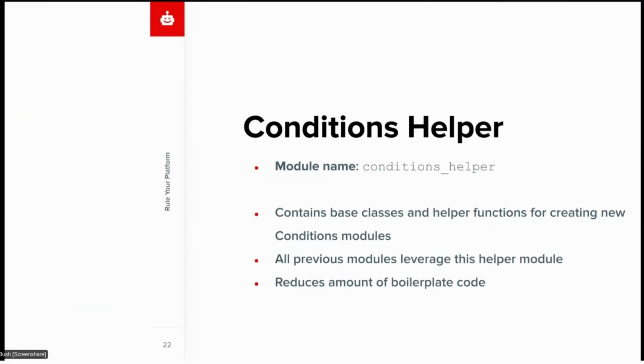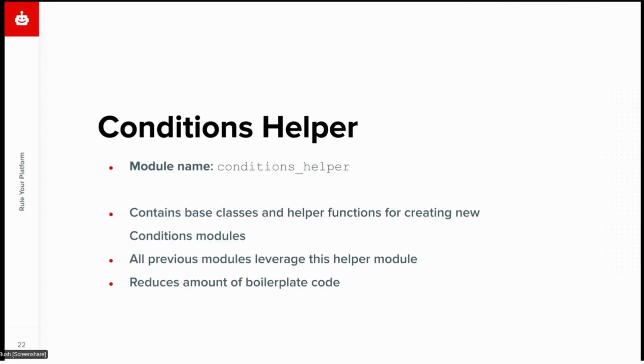All of these modules were made possible using this other module we contributed, which is the conditions helper module. As we were building out these modules, we were finding that we were doing the same stuff over and over again. We were extending the same base classes and just copying and pasting code for how to evaluate conditions.